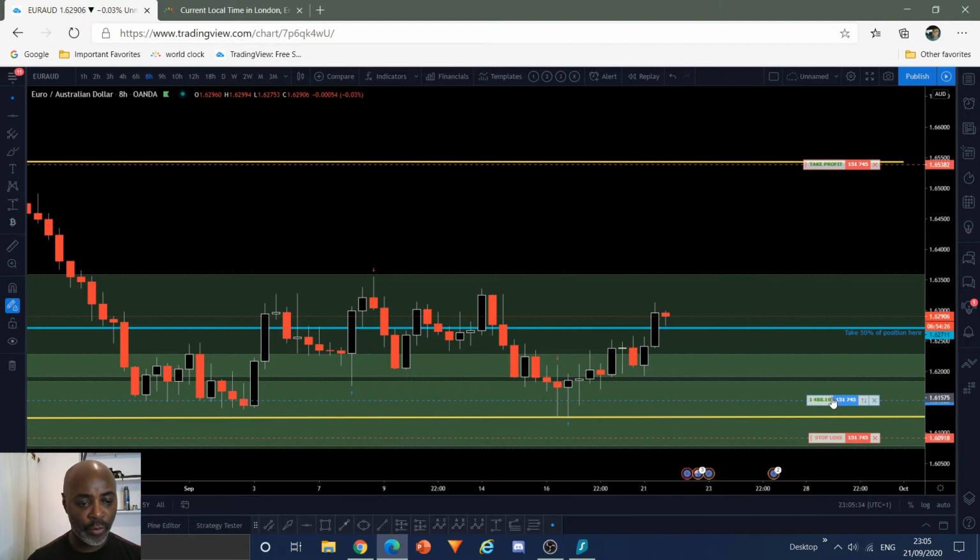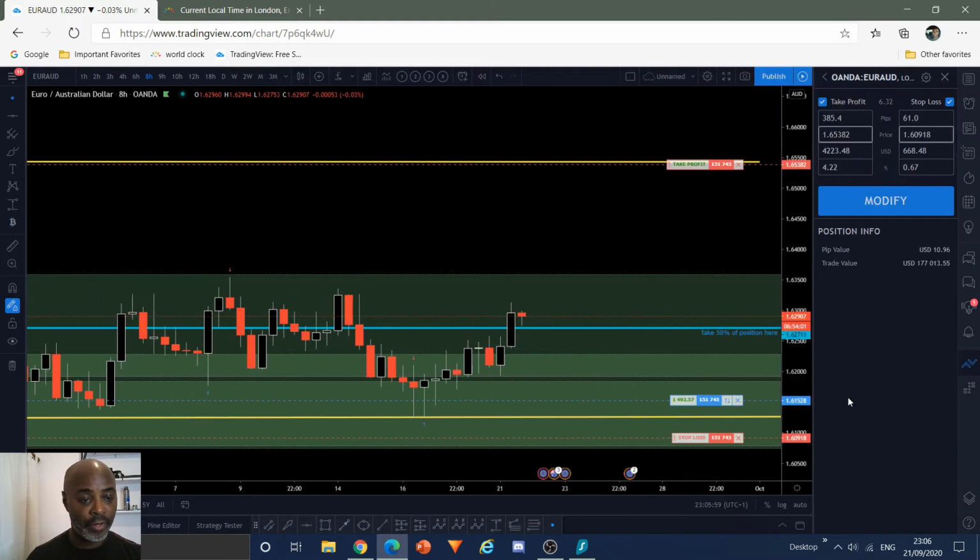So here we go. What am I going to do? Let me get my calculator. Because I'm long, I need to sell half of this position. The position is 151745. If I put in 151745 and halve that, I need to sell 75872. So what do I want to do?